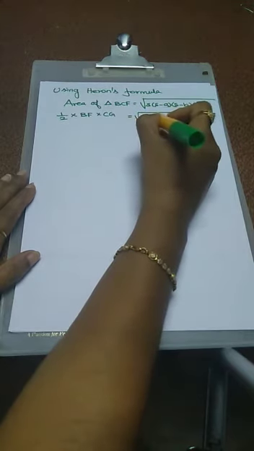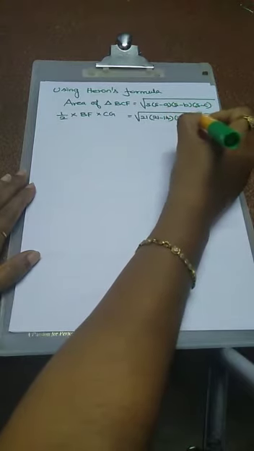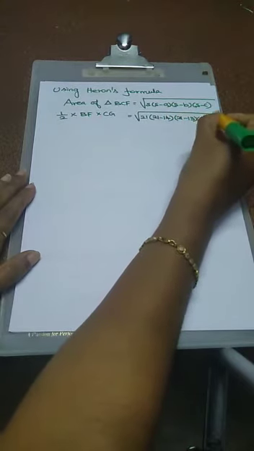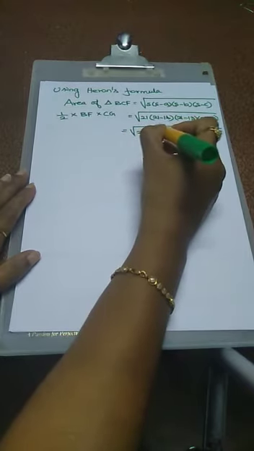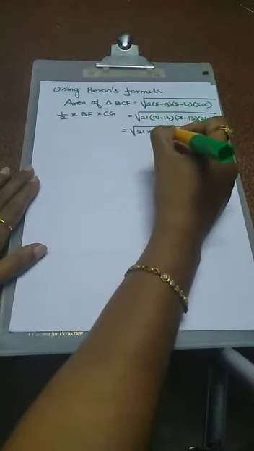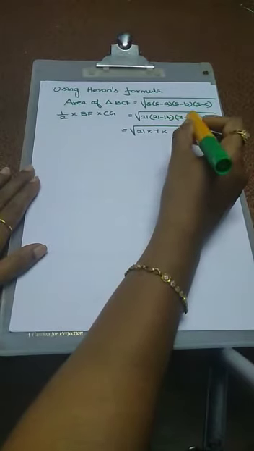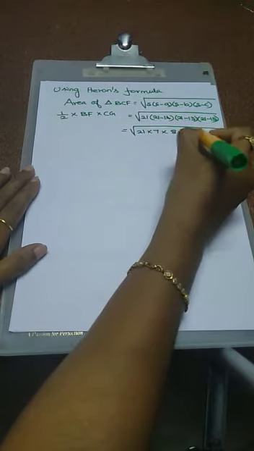S value 21, so 21 into (21 minus 14) into (21 minus 13) into (21 minus 15). So we get 21 into 7, that is 21 minus 14, another one 21 minus 13, what is the value? That is 8. 21 minus 15, that is 6.